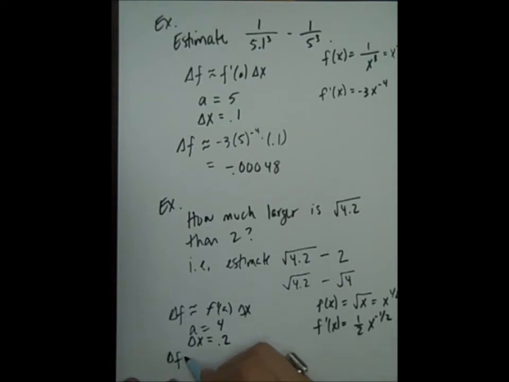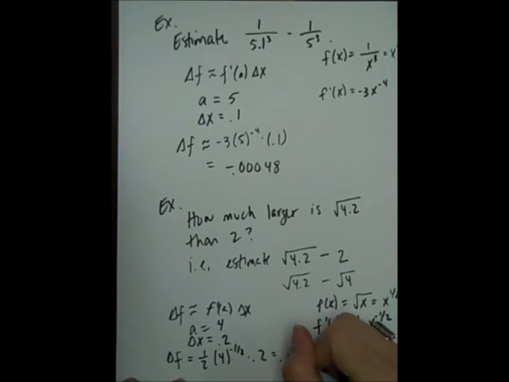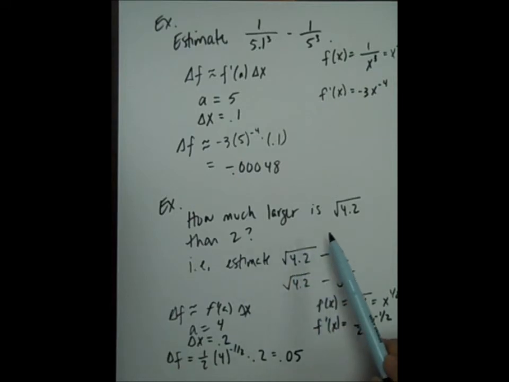So if I plug this in, f prime of 4 is 1/2 times 4 to the negative 1/2 times 0.2. 4 to the negative 1/2 times 1/2 is 0.25, times 0.2 is 0.05. So the square root of 4.2 is about 0.05 larger than 2.